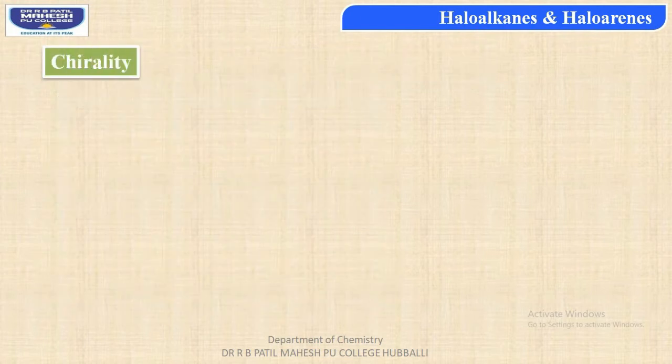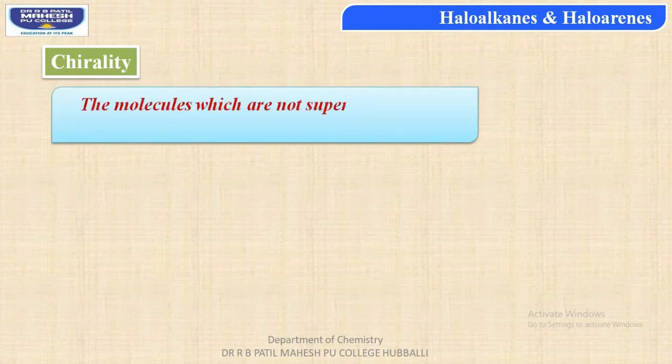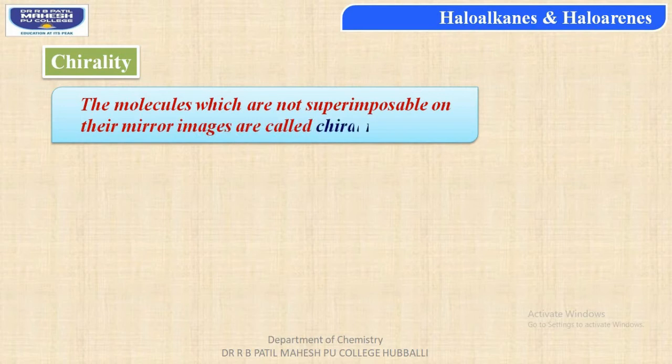Now students, let us consider chirality. Definition: the molecules which are not superimposable on their mirror image are called chiral molecules.